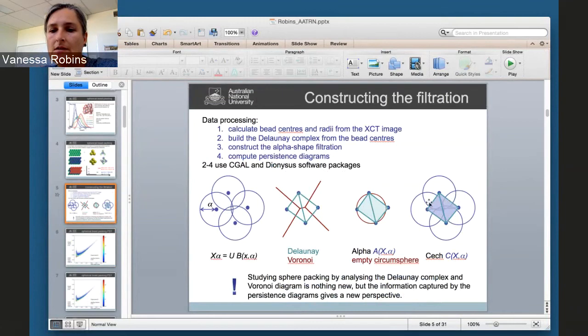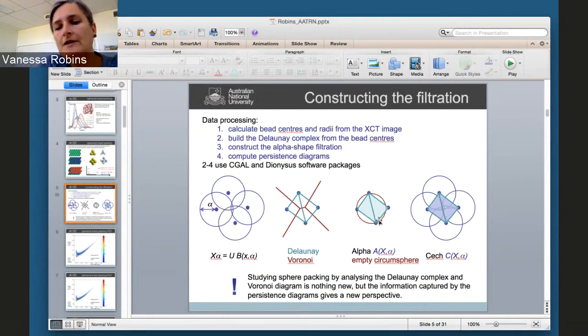In the Čech complex, as soon as you have 4 disks overlapping in the plane, your complex introduces a tetrahedron, and you don't really want that higher-dimensional object in your 2-dimensional data. The corresponding thing in 3 dimensions is that if you get 5 spheres overlapping, you'll have to introduce a 4-dimensional simplex.